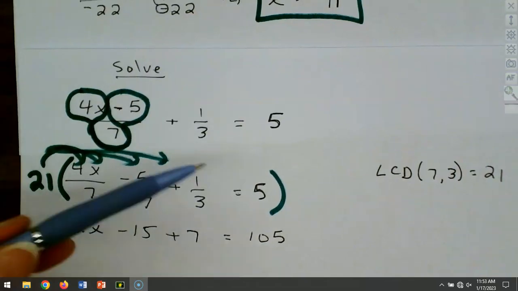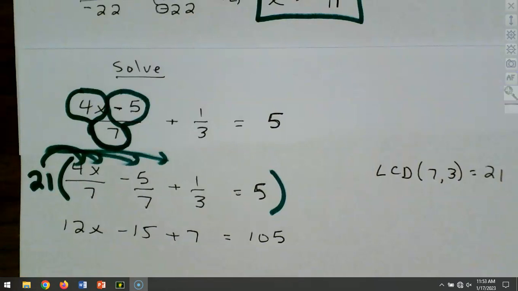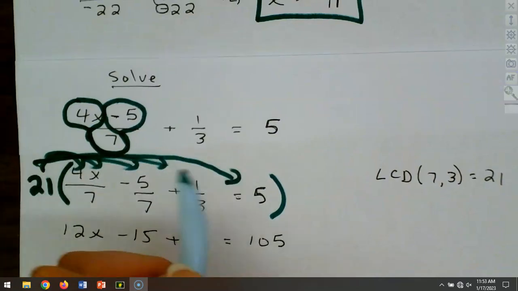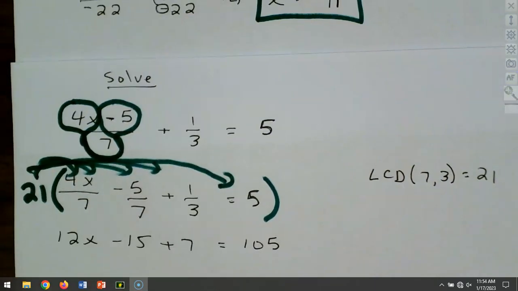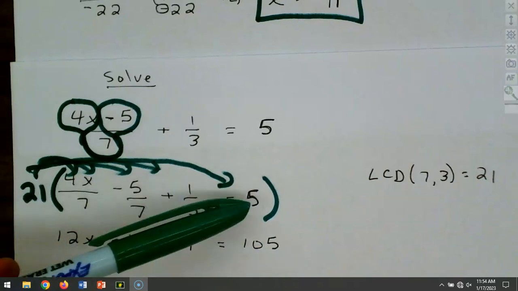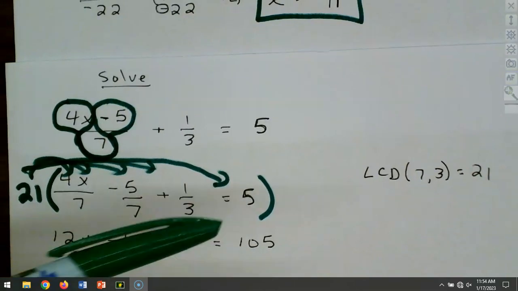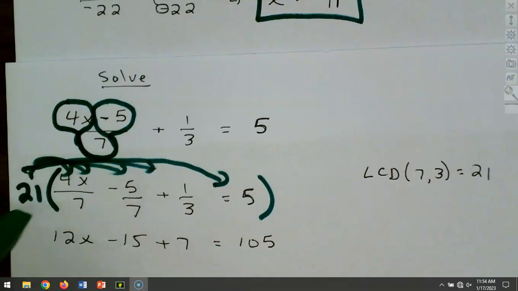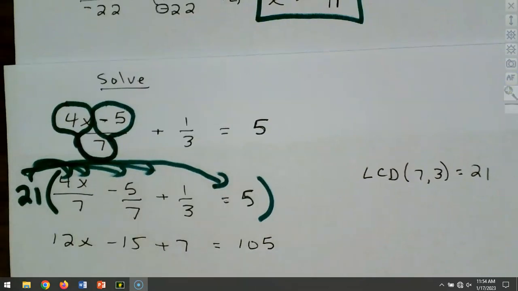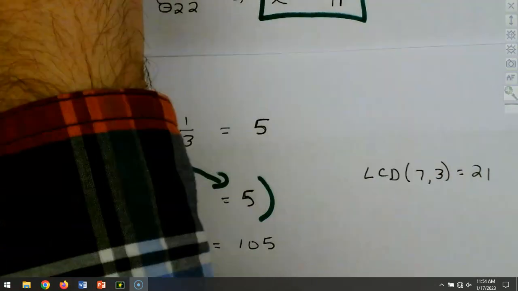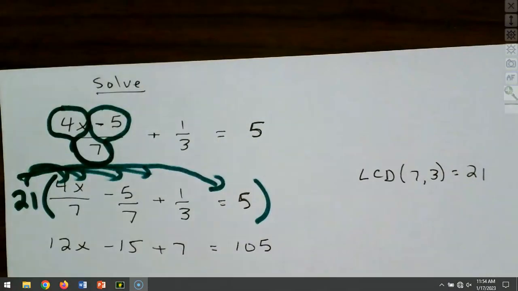Students forget, and I even like to draw arrows so you see it, right? Students forget that that 21 has to go through the whole numbers as well. So that's why I draw arrows. I think it just makes it easier so I don't lose track of things. Because again, in mathematics, it's all about being neat and organized.